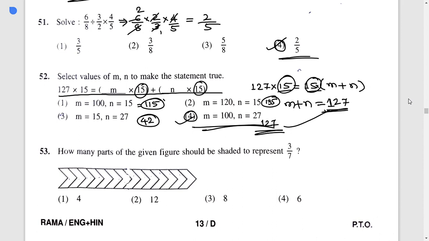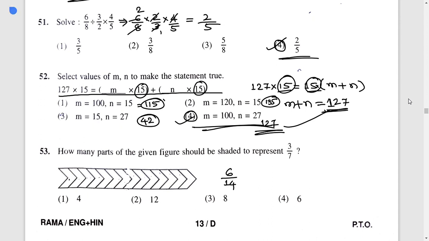Question number 53. How many parts of the given figure should be shaded to represent 3 by 7? So here you count this one: 1, 2, 3, 4, 5, 6, 7, 8, 9, 10, 11, 12, 13, 14. So 14 is there. So the total number will be 14. Again, they have given 3 here, 6.